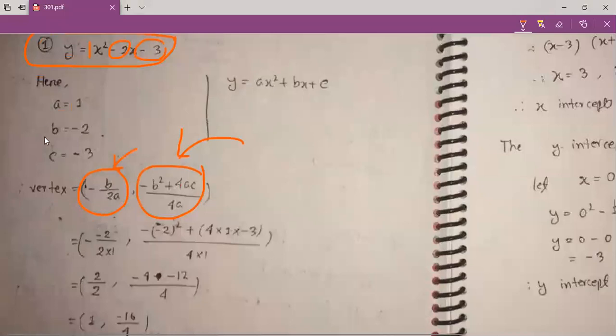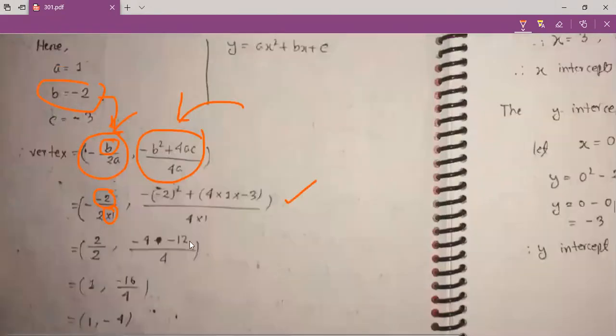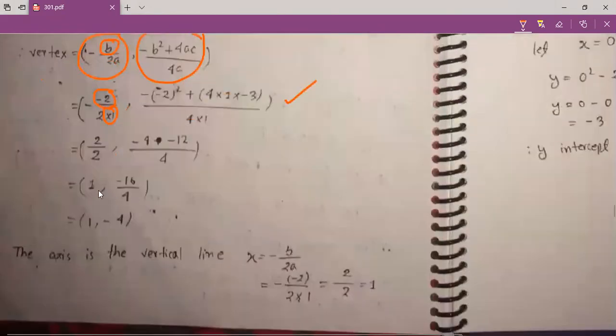I just put all the values here: -b is equal to 2, so I put 2 here, and this is the value of a, 1. Then we find (1, -4).